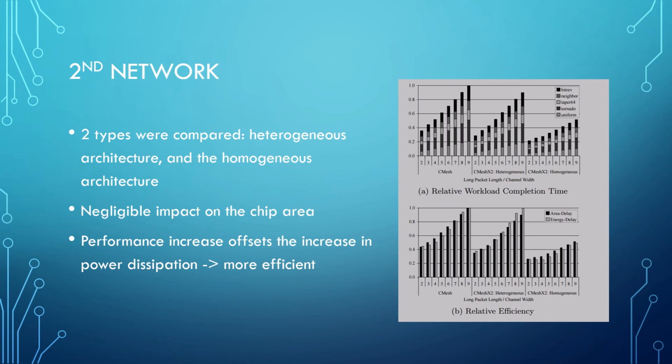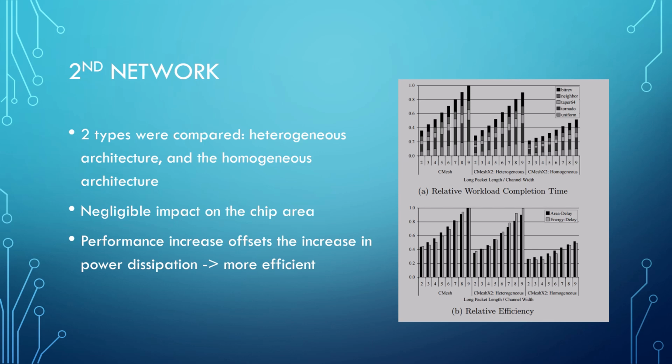Because of that imbalance of network traffic, the heterogeneous one performs much worse than the homogeneous one. But considering that the effect on chip area is pretty much negligible because the second network sits on already used space, the performance increase introduced from the second network more than offsets the power dissipation increase. So in general, it's more efficient to have a second network, especially a homogeneous one.